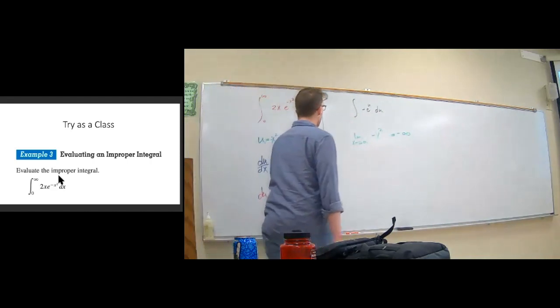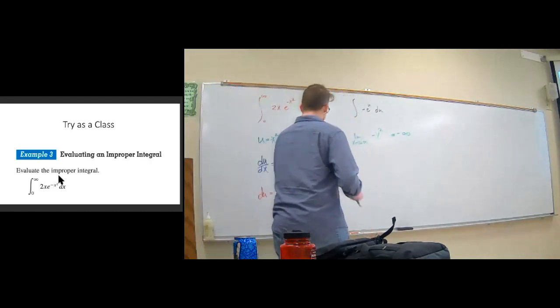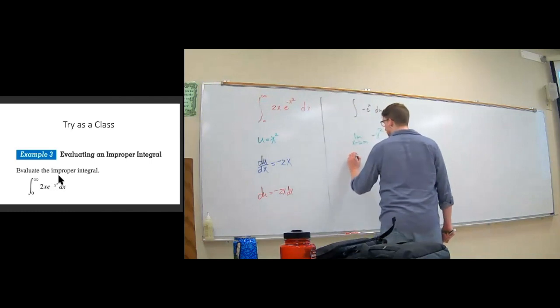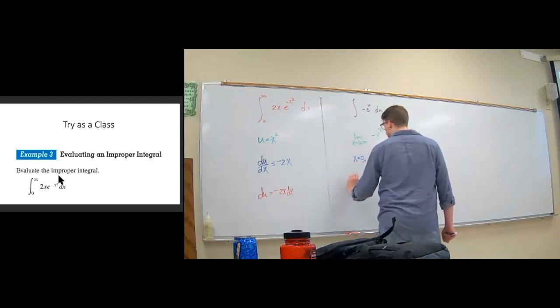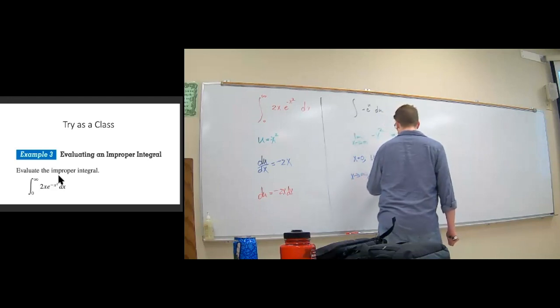Sorry, I'm almost done. So when x is equal to 0, u is equal to 0, and when x tends to infinity, u tends to negative infinity.